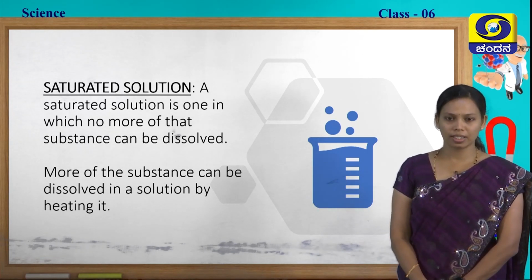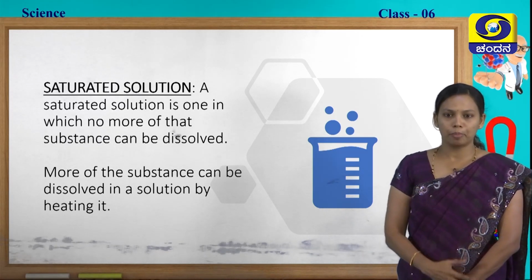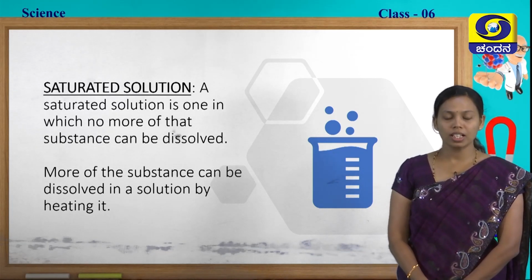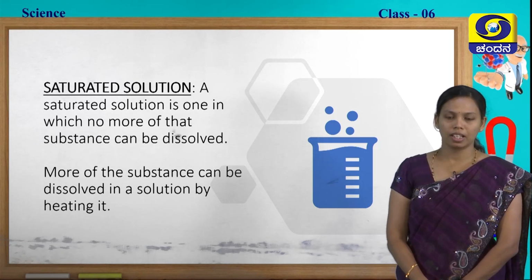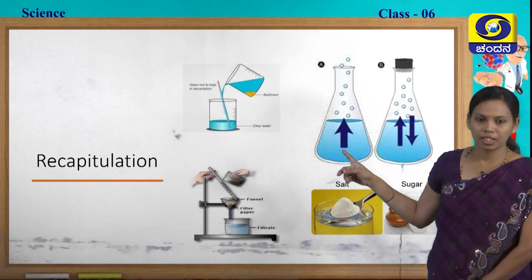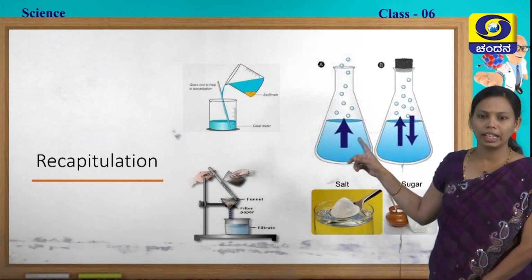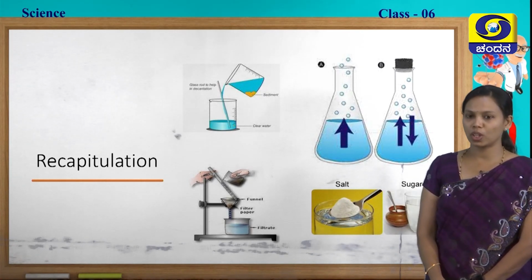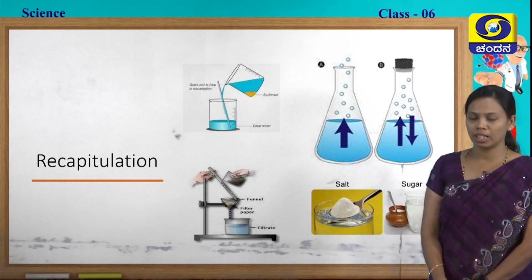So far in this class, we have learnt many separating methods and about the solubility of the substances. Now we shall revise once. In the first, we have learnt the sedimentation and decantation. What is the meaning of sedimentation and decantation?